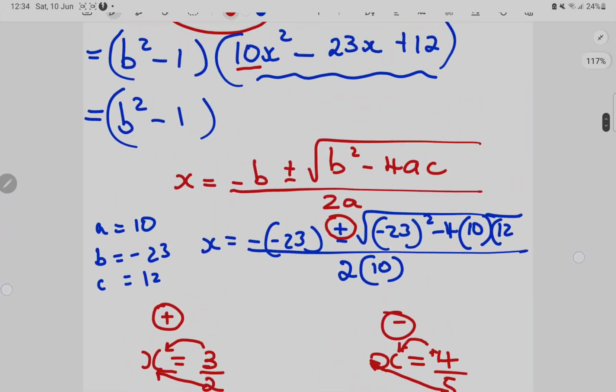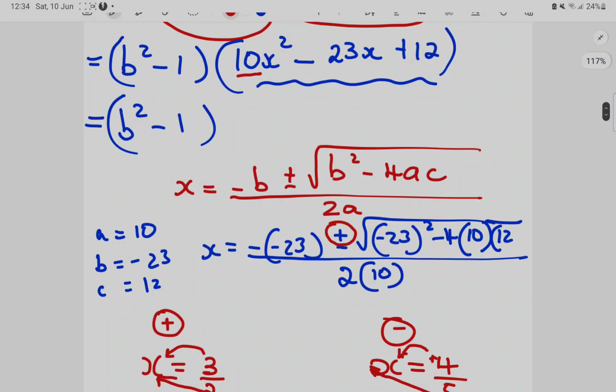Then I must go back and fill in here. So the factors of 10x squared minus 23x plus 12, we're going to open up two brackets.